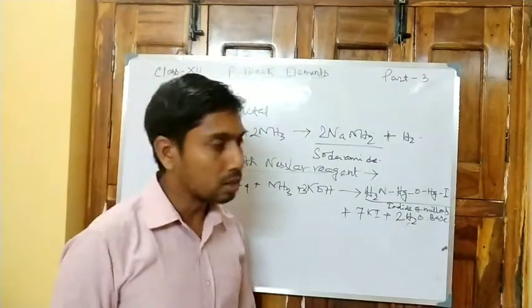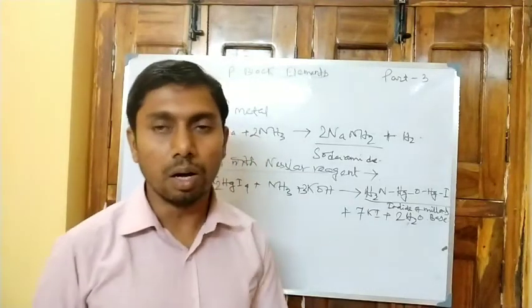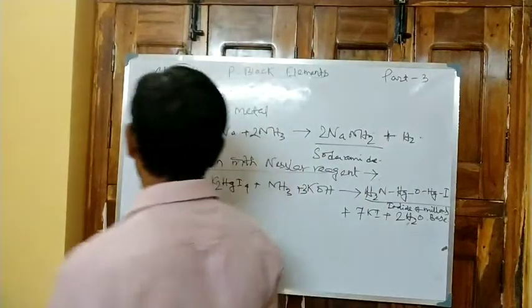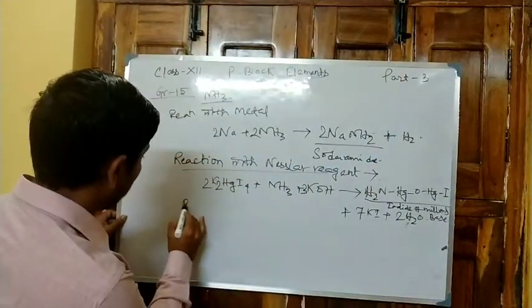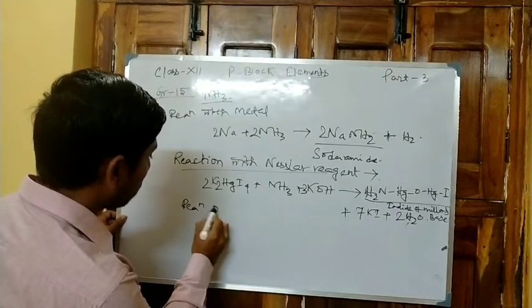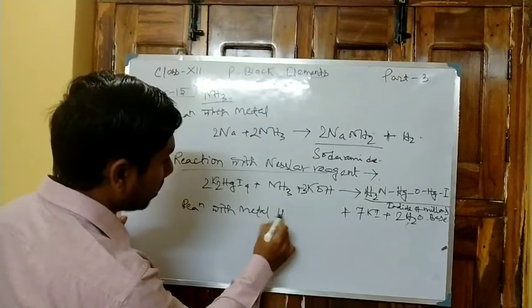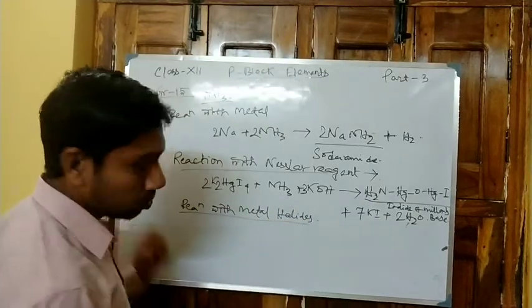Next one, that is reactions of metal with ammonia, for example, any halides. Reaction with metal halides first.